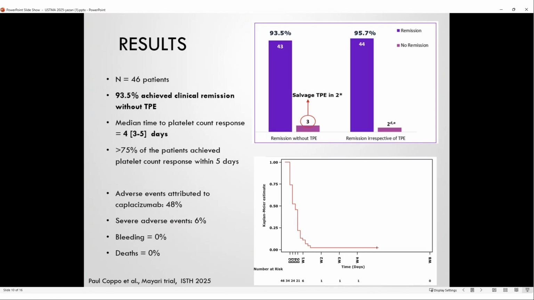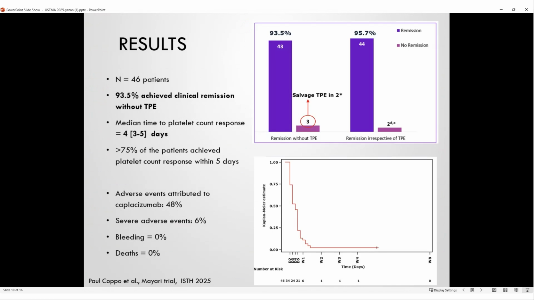Those who required plasma exchange because of refractoriness, meaning they were not able to achieve a remission, so there were 2 patients that required salvage plasma exchange. So a small number who did eventually require it. The time to platelet response, as you can see in the bottom photo, it was 4 days. So this was a pretty quick response to achieve platelet normalization. And 75% of patients achieved the platelet count response within 5 days.